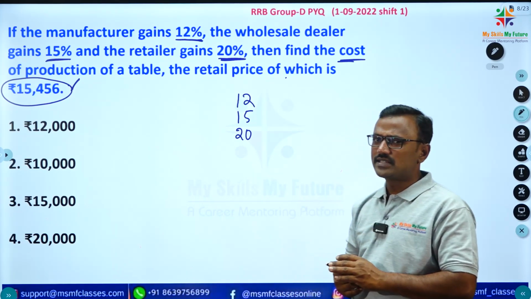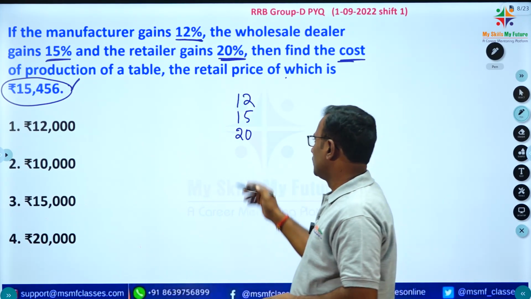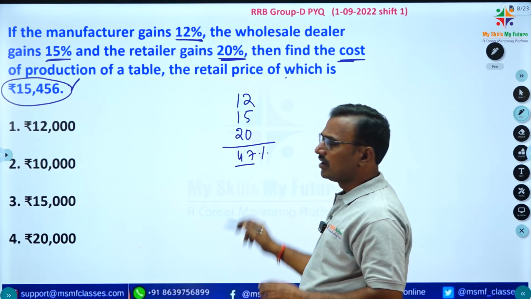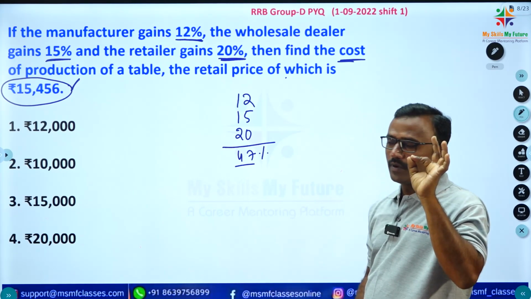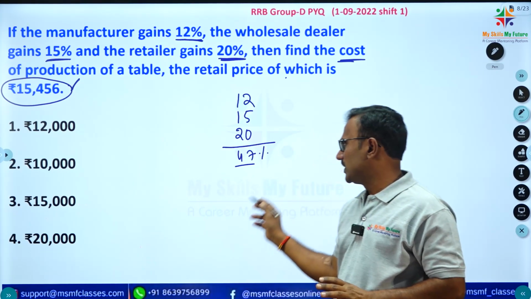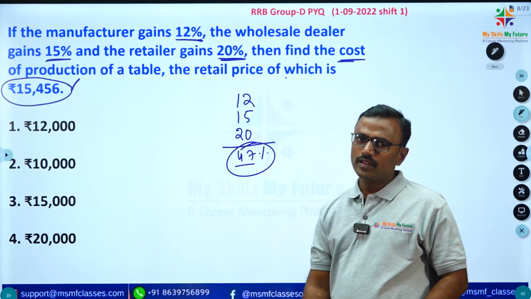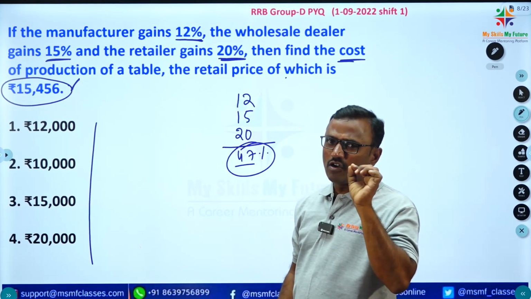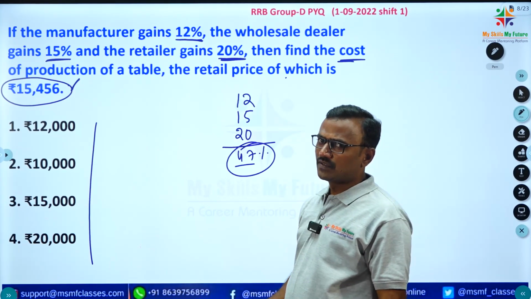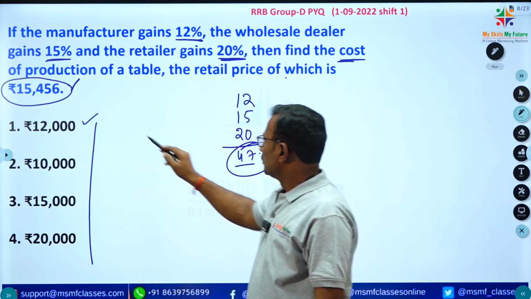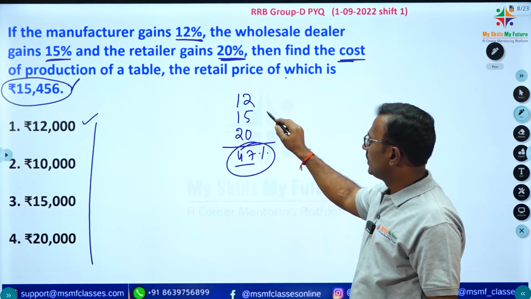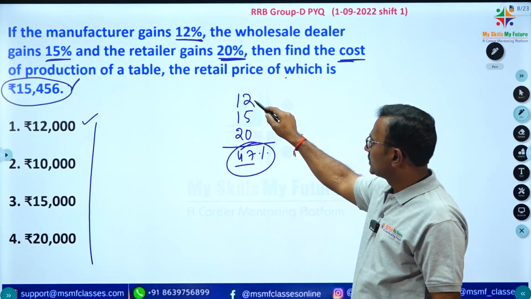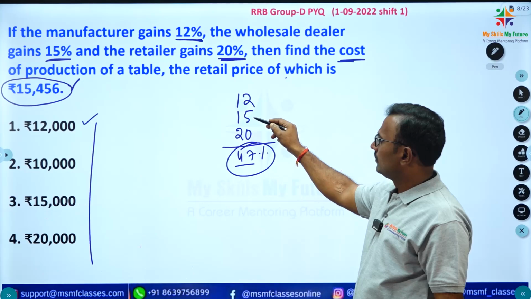So by using options, we can simply give the correct option. Approximately, we get more than 47% on the cost price of production of a table. If we consider option 1 is correct, I am writing 50%, because after adding 12% to the cost of production, it goes somewhat higher after 15%.